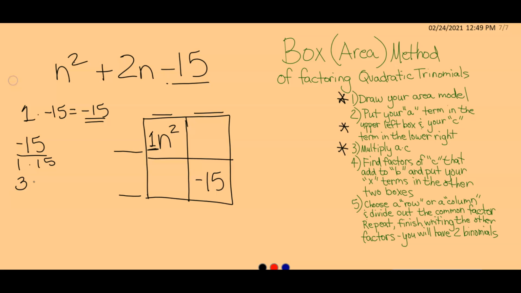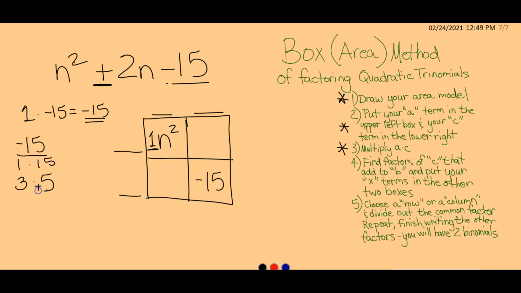3 times 5. So now let's look at this sign right here, just like we looked at in the previous panel. The B sign is positive, so that means that my larger factor has to be positive.